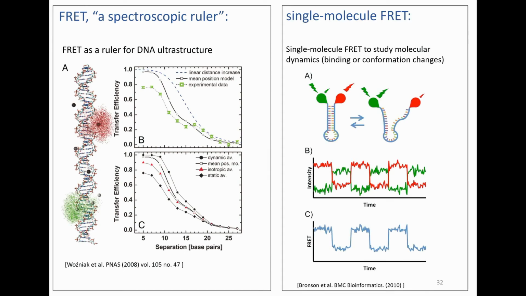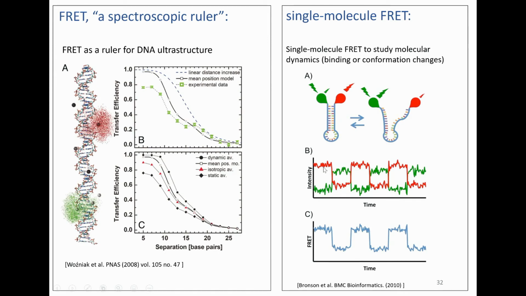You can also use it here to measure molecular dynamics information. So for example, people have designed these little beacons here. So strands of DNA that fold together, and then they open and close and open and close, right? And so again, the equilibrium dynamics.